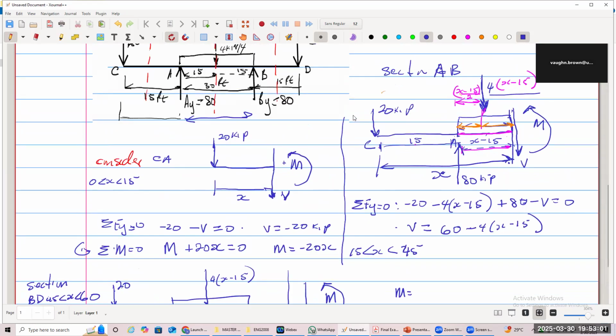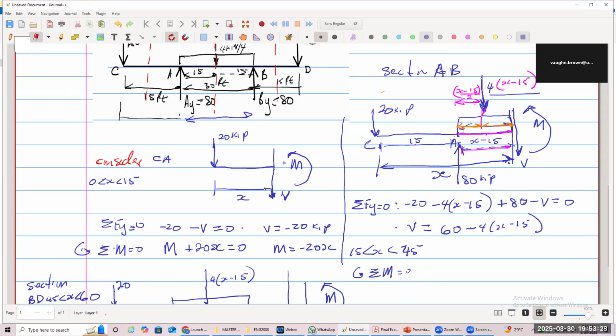Let's back up and do the moment one up here. So the moment one would have been sum of a moment. So let's take the moment. It is going to be 20 times x. You're going to get positive 20x. Right, let's take off that. Let's fix that.